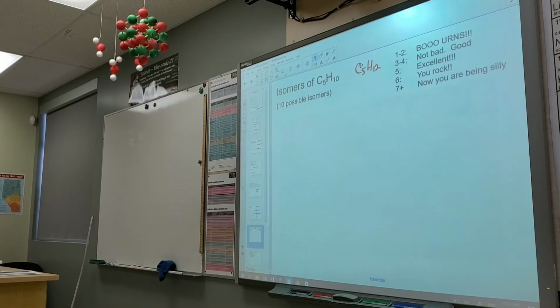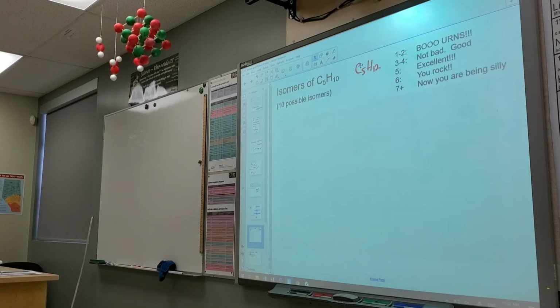Well, that's what I'm saying. As long as it has 5 carbons in it, there are still 5 hydrogens. So this would have 3, this would have 3, this would have 9 already. So we have to put a double bond on it.